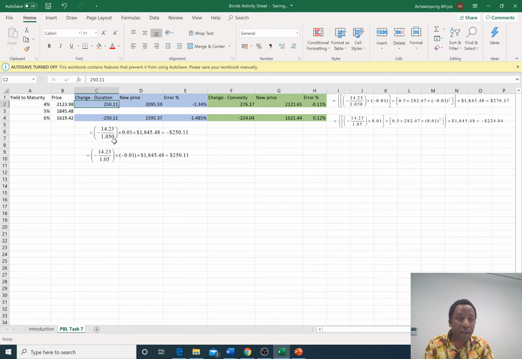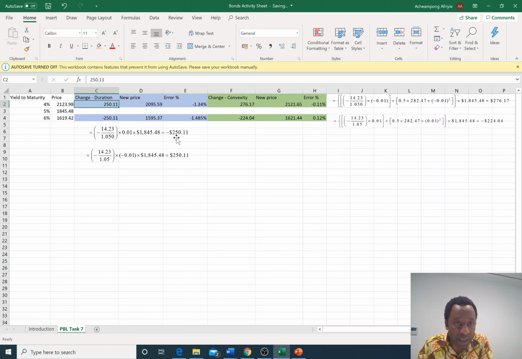So if we just go through that, if you want to predict the change in price using duration, then this is the formula, right? It's the duration divided by 1 plus the yield to maturity times the change in yield, of course, times the price. Right, the price, as we said, we start off with 5%, isn't it?